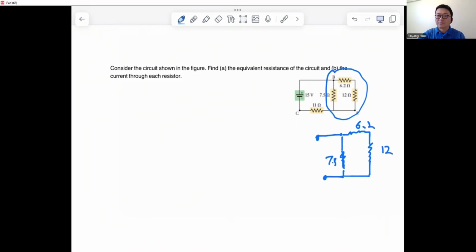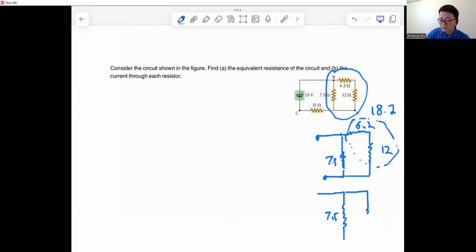The 6.2 and 12 are in series. So for a combination of resistors in series, you just add them up. Okay, so that's 18.2. That can be replaced by 18.2. So now this part becomes just 7.5 here, right? And then the two replaced by 18.2.